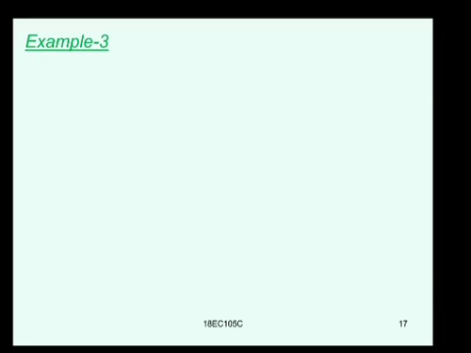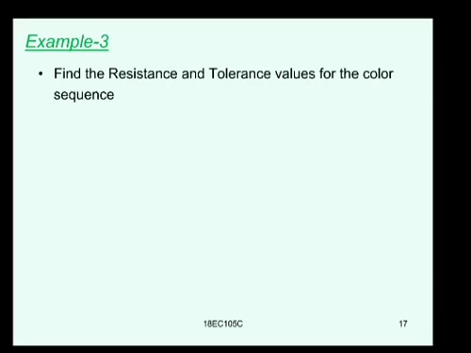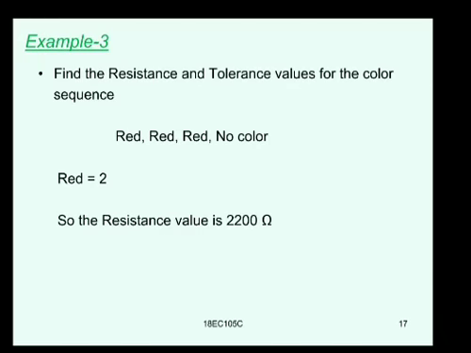Now let us see another example. Find the resistance and the tolerance values for the color sequence red, red, red, and no color. The numerical value for red is 2. So the resistance value will be 2, 2 and 2 zeros, that is 2200 ohms.